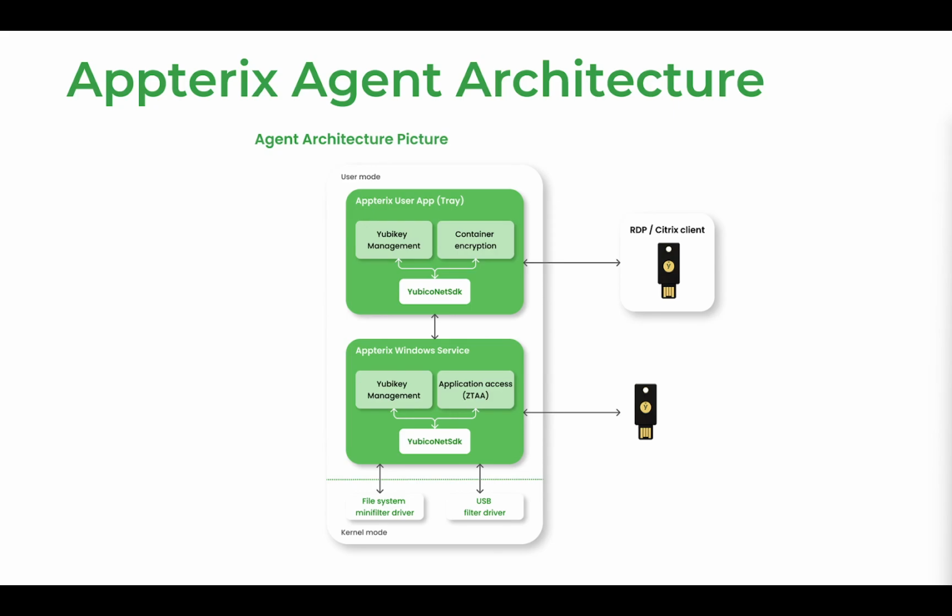And the client component runs in user mode, so you don't need to have administrative rights if you, for example, register the YubiKey in Entra ID, because this is done by our Appterix Windows service for YubiKey management, but we also got Appterix Windows service for the application access, the Zero Trust application access module, and for access to external storages, access management, we've got a filter driver, which will be installed on the operating system as well by the installation of the Appterix agent.